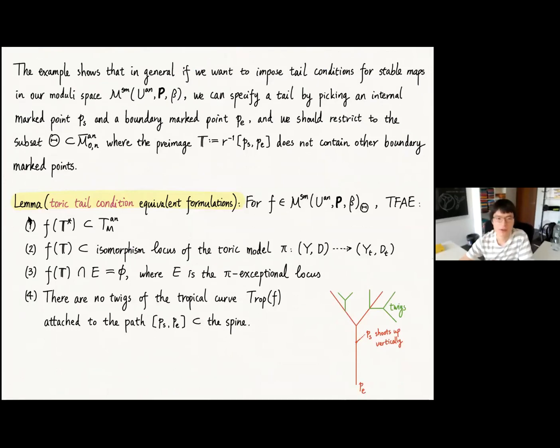We have the following lemma of equivalent formulations of the toric tail condition. For any stable map in our moduli space M smooth, suppose that its domain lies in the subset where the tail makes sense, then the following are equivalent.